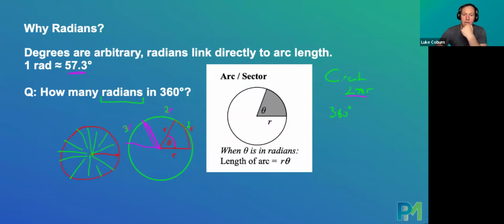So 1 radian gives you an arc length of r, 2 radians gives you 2r, 3 radians give you 3r. To get an arc length of the full circumference, 2 pi r, you need 2 pi radians. So 360 degrees is equal to 2 pi radians.